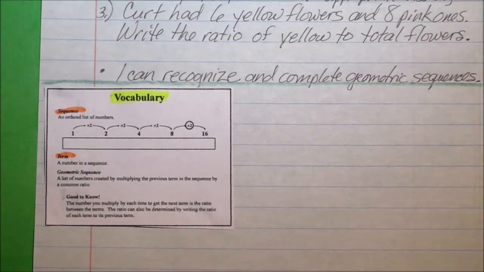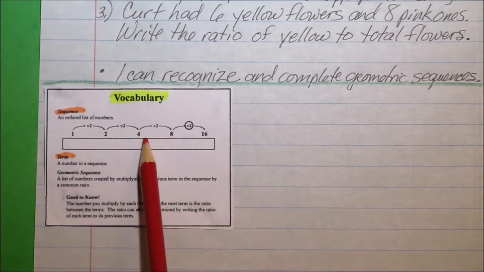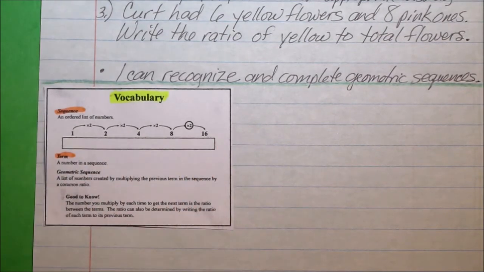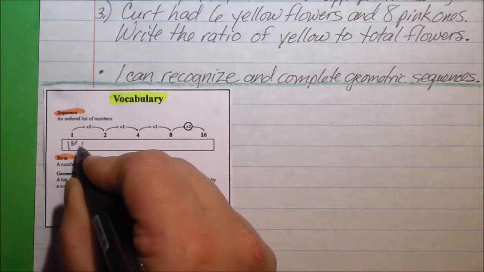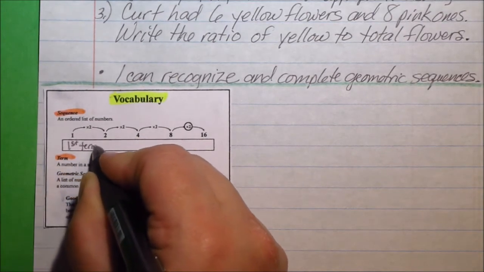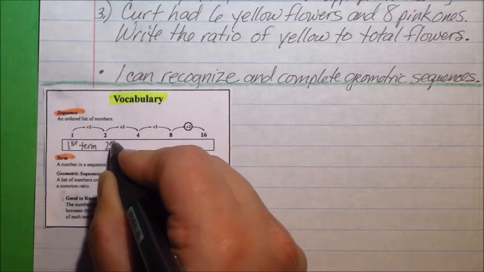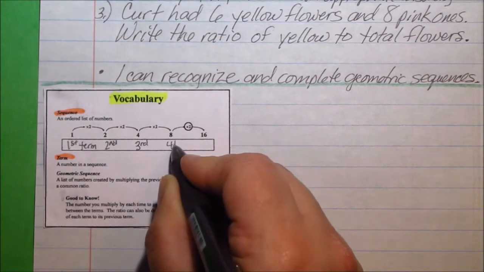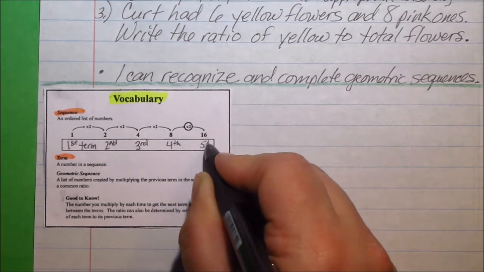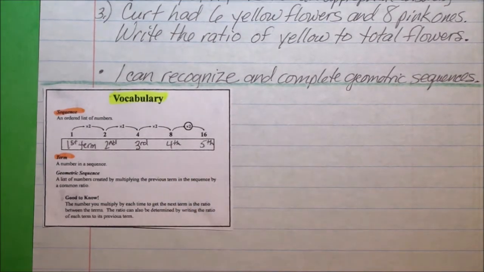So in this sequence here of 1, 2, 4, 8, and 16, this is your first term, second, third, fourth, and fifth. Okay?